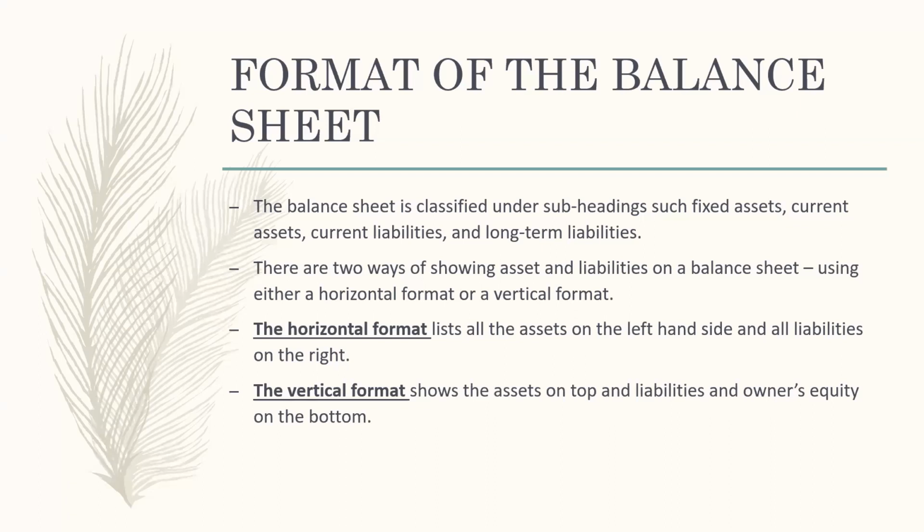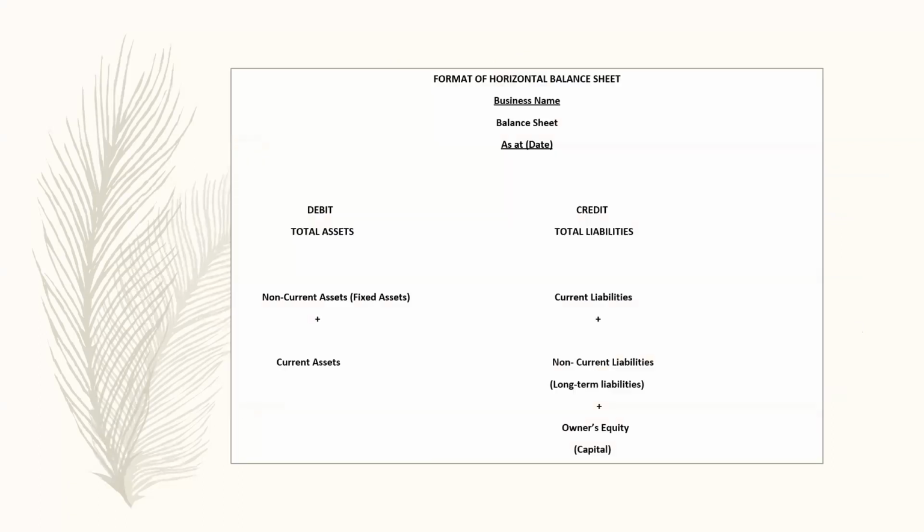I have also indicated to you the vertical format. And of course, this is also very simple, but as I said, our focus is on the horizontal balance sheet. So we're going to move on. So this is your horizontal balance sheet.